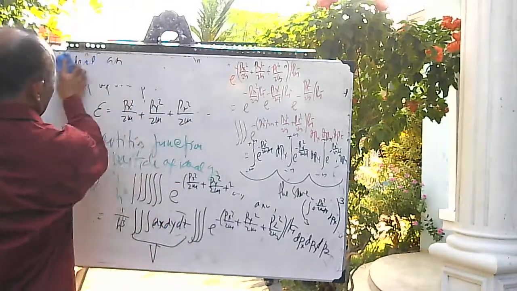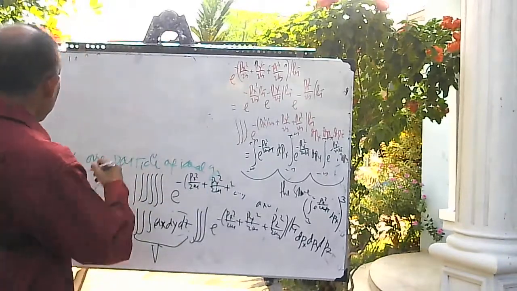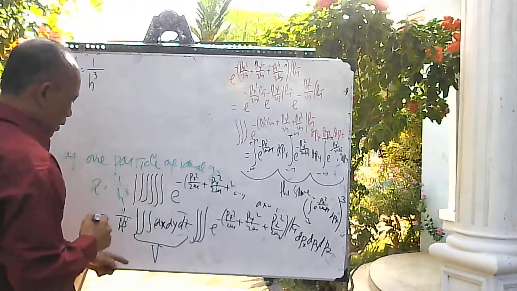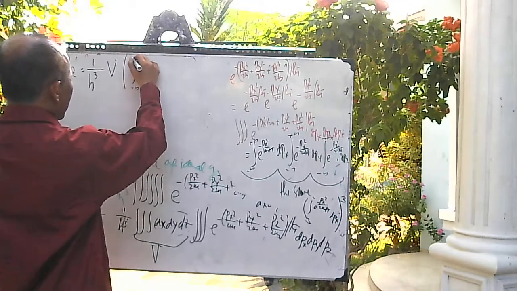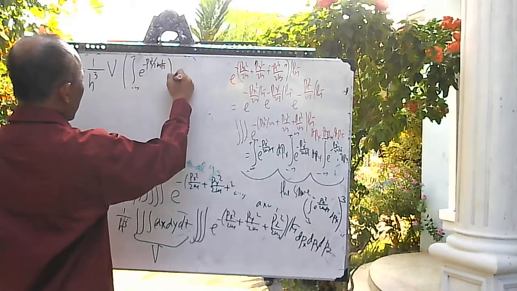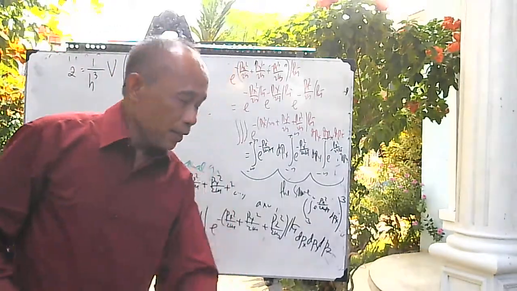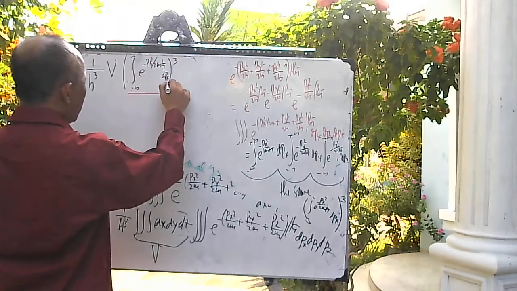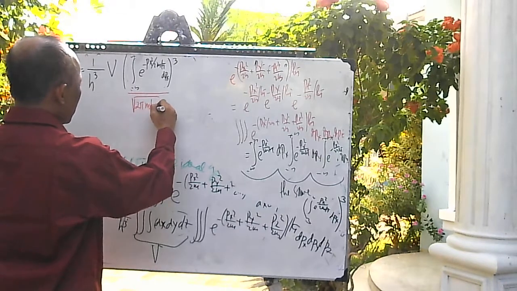So our result for the partition function of one particle inside the ideal gas is 1 over h to the power 3, times the volume, times the integral of only one term, exponent minus px squared over 2m kT dpx, to the power 3. We can show that the result inside the bracket is the square root of 2 pi m kT.